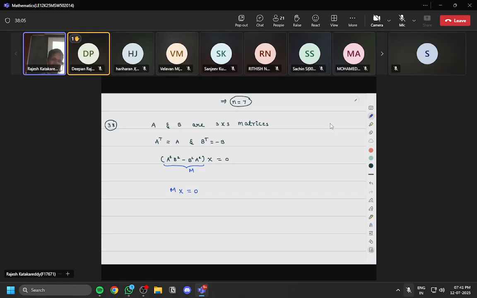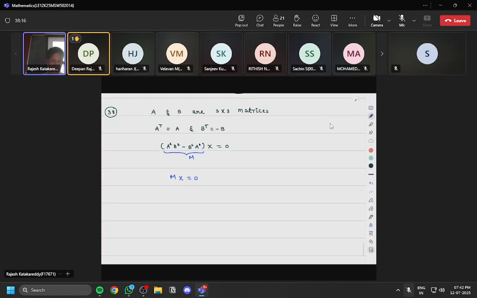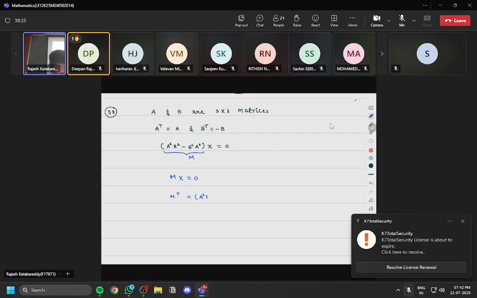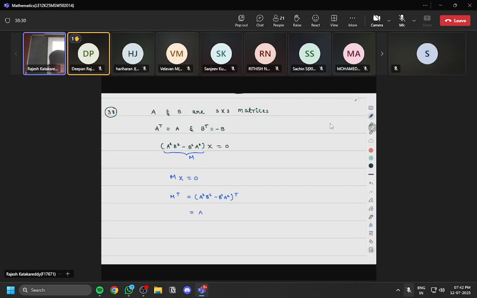They would have asked about the symmetric and skew symmetric nature of the matrix, so I am going to use the symmetric and skew symmetric nature of the matrix M. To tell whether it is symmetric or skew symmetric, I need to calculate M transpose. M transpose is (A square B square minus B square A square) whole transpose. Now this becomes (A square B square) whole transpose minus (B square A square) whole transpose.